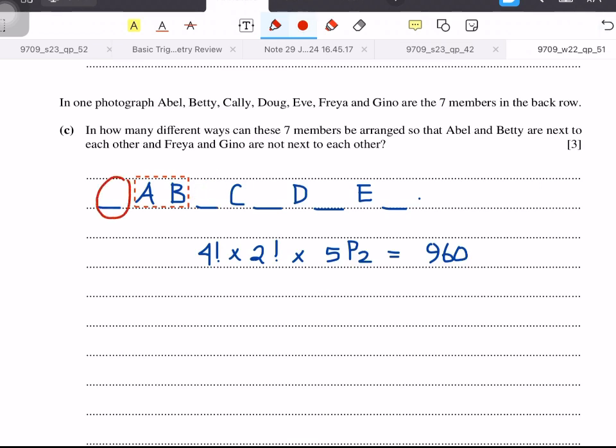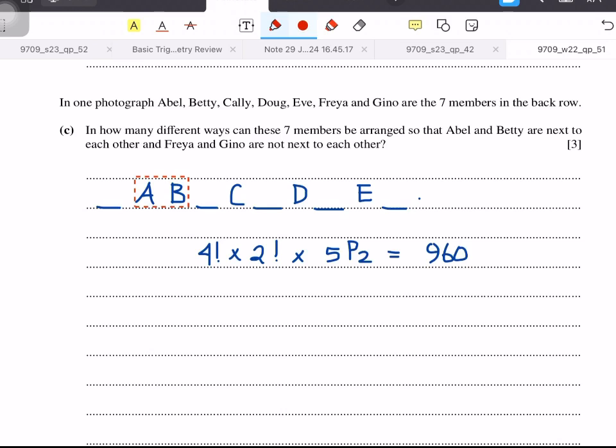So we have 1, 2, 3, 4, 5 spaces in which Freya and Gino can stand, in one of these 5 spaces.